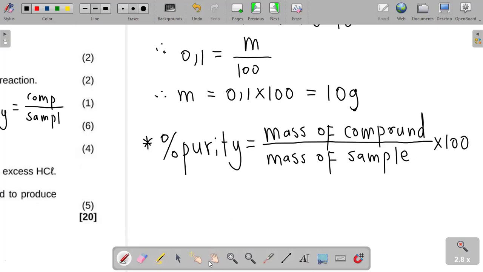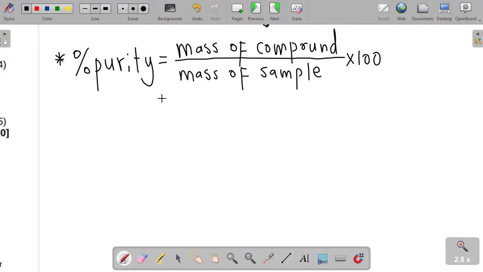Then we can substitute, you see. The percentage purity is going to be 10 divided by 12.5, the mass of the sample, we have it, multiplied by 100. Then you use a calculator. Gives me what? 80%.